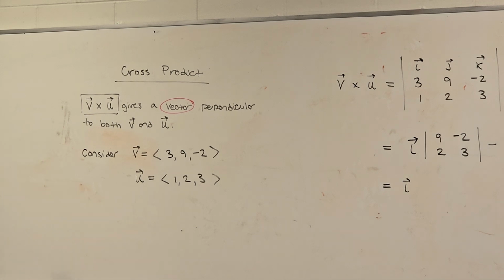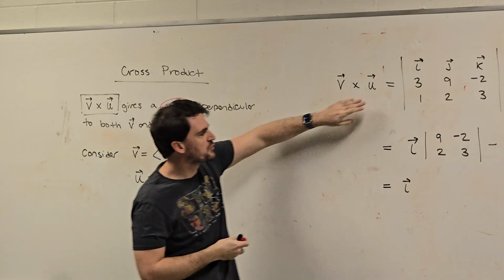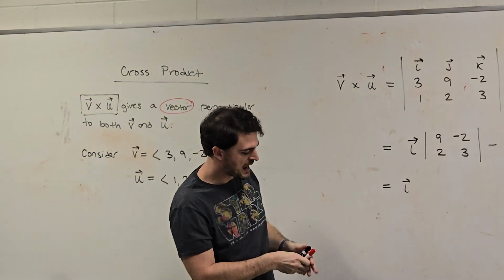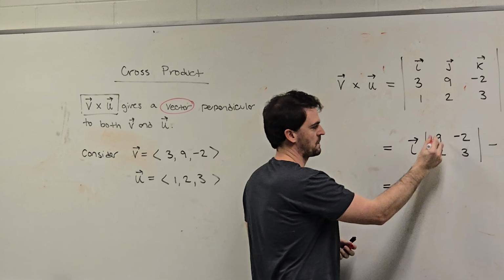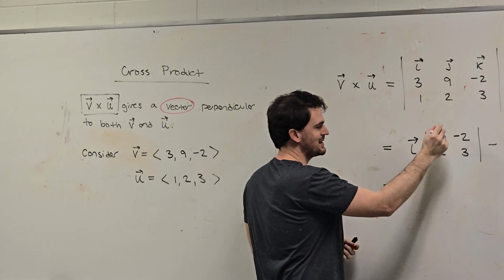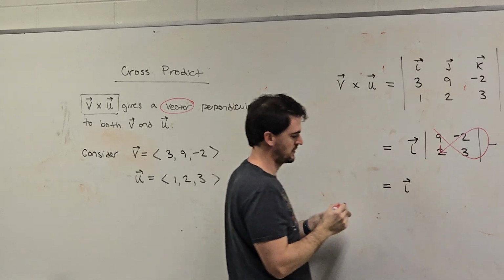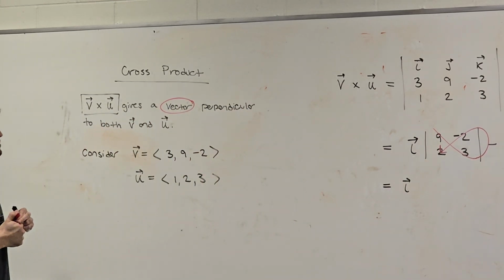Those absolute value bars are saying take the determinant of. For a 3 by 3, we have to do this expansion by minors. But now that we want a 2 by 2, you do 9 times 3 minus negative 2 times 2.